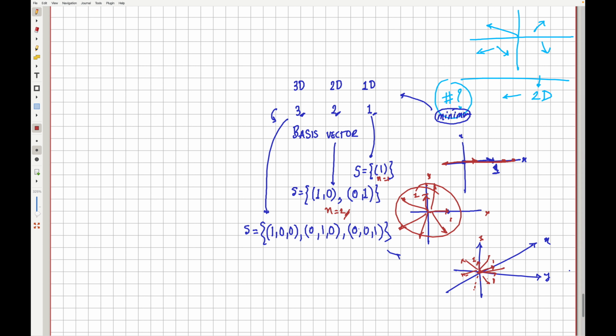That is to say, we can create any vector based on these three vectors by multiplying them or putting them in some combination.